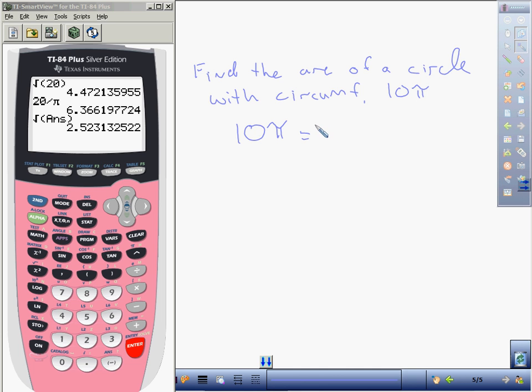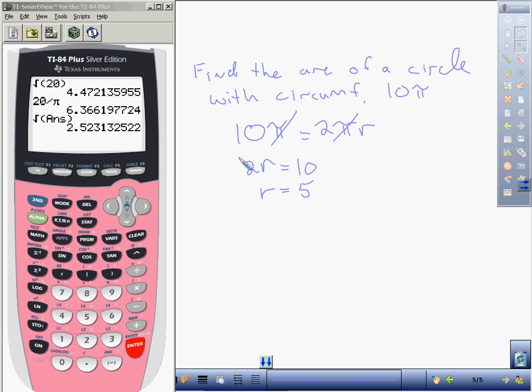What's the circumference? Oh, 2 pi r. Yeah, 2 pi r. What happens to these things? They go away. So now I have 2r equals 10, so r equals? R equals 5.